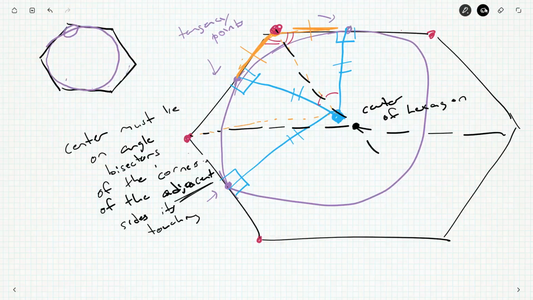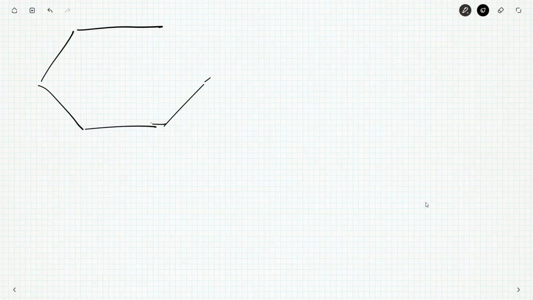Could we touch 2 adjacent sides and then a 3rd additional side? I have a feeling the answer is no, because the thing would go outside, but could we have 2 adjacent and then one sort of opposite to both of them?